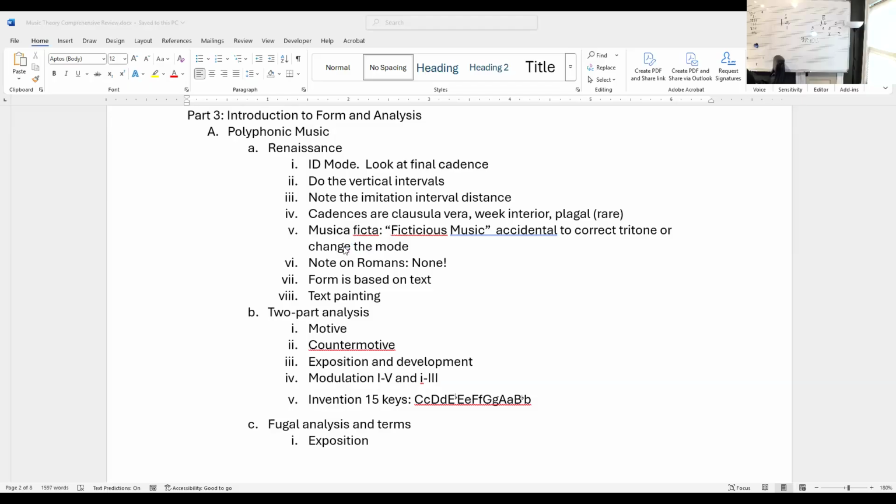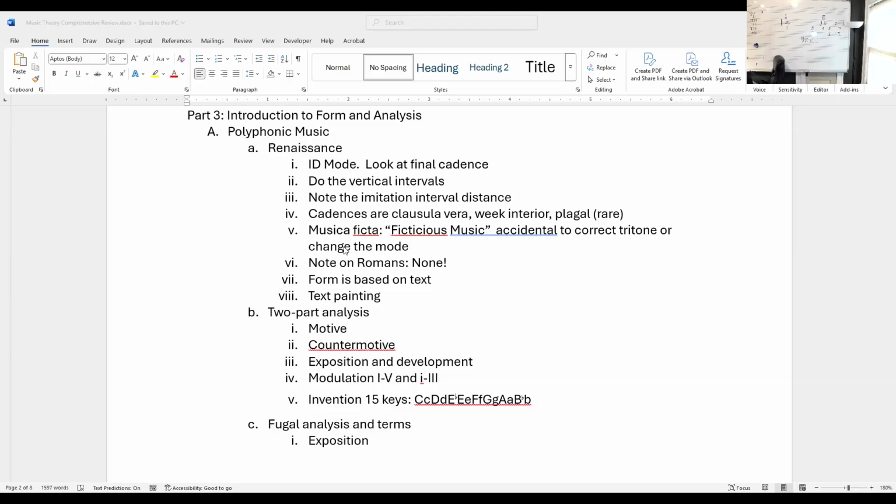Can you analyze vertical intervals? And then can you find the cadences? Those are the most important things. If you put a Roman numeral on the score, that is a strike against you, because Roman numerals hadn't been invented yet. So don't put Roman numerals on a Renaissance polyphony score.